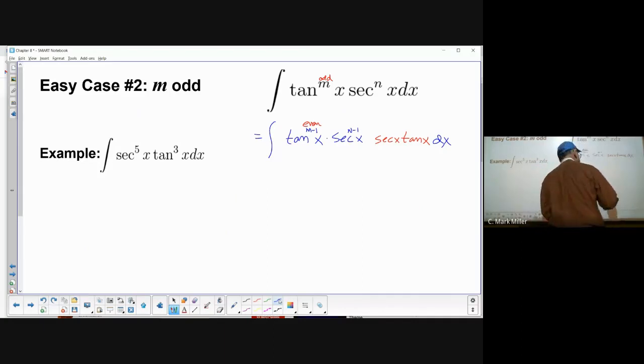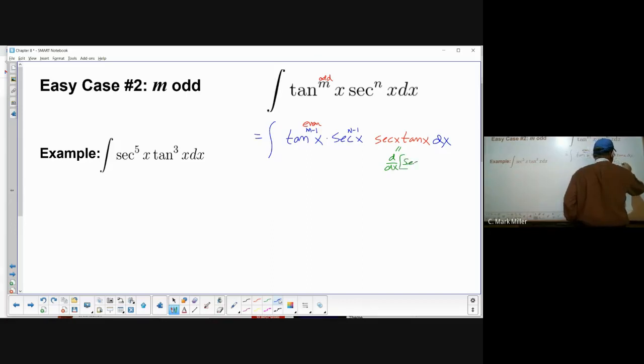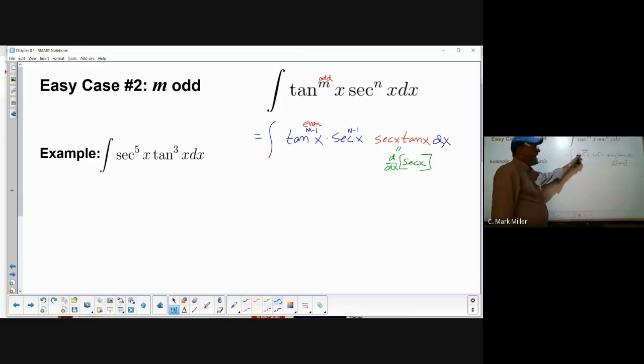This right here is d dx of secant, right? Tangent is to the even power. I can convert that to secants. Because if 1 plus tangent squared is secant squared, tangent squared is secant squared minus 1.